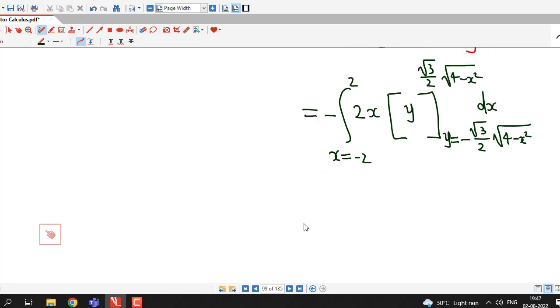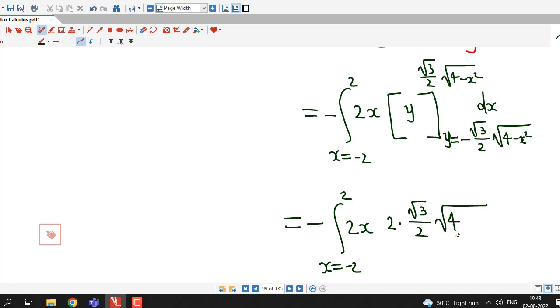Now we put the limits of variable y and we simplify. So x is from minus 2 to 2, 2x as it is, upper limit is root 3 by 2 square root of 4 minus x square, minus lower limit is minus root 3 by 2 square root of 4 minus x square. So this is going to be 2 times root 3 by 2 square root of 4 minus x square, and then integral with respect to x.